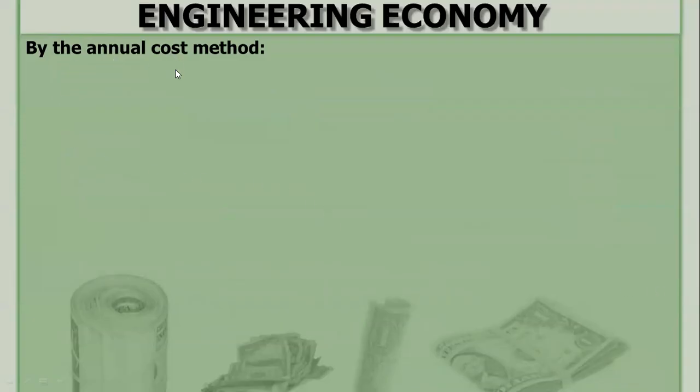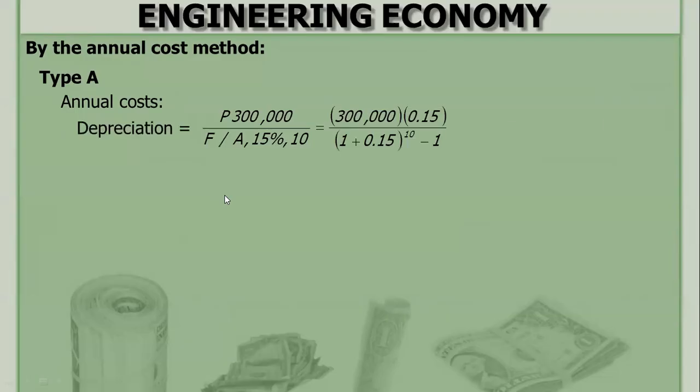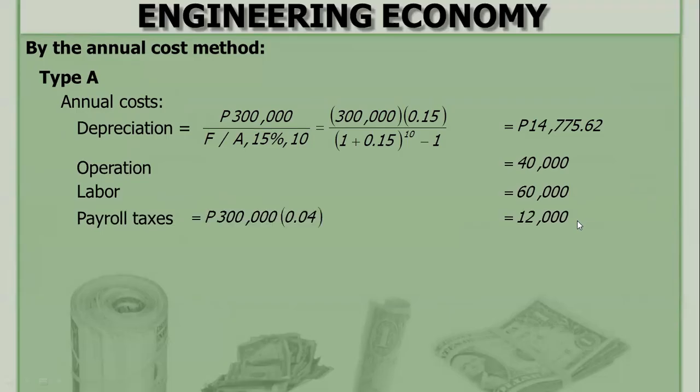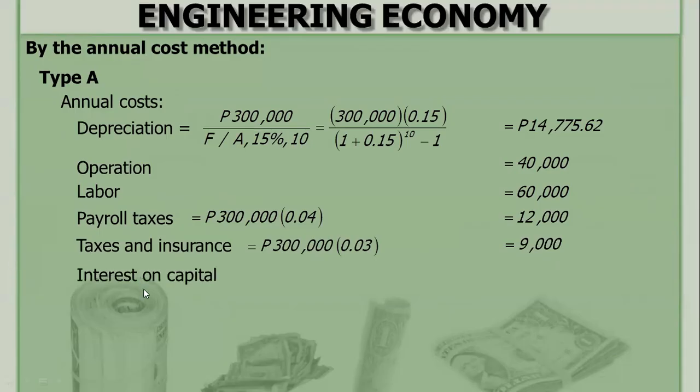The second method is the annual cost method. For type A, the cost is similar to the ROR: depreciation, operation, labor, payroll, taxes, plus interest on capital.